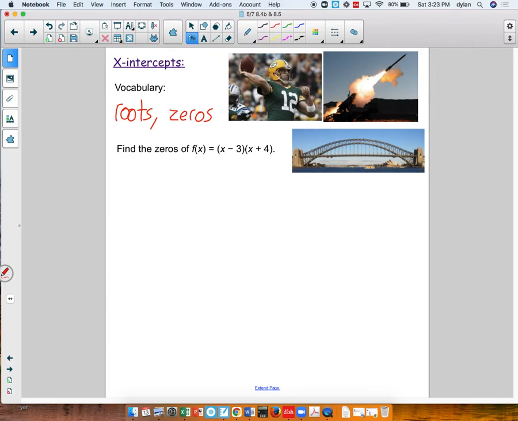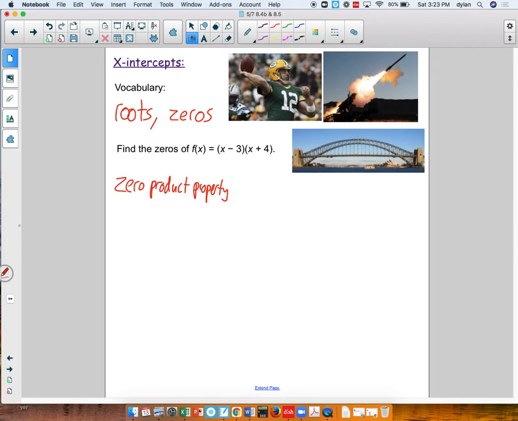But for example, I might ask you to find the zeros of f of x equals x minus 3 times x plus 4. And to do that, we're going to rely on something called the zero product property. And the zero product property is an important mathematical property that you're all very familiar with.